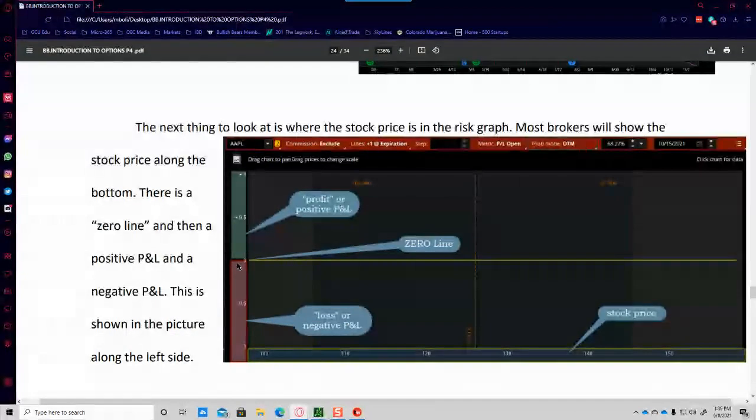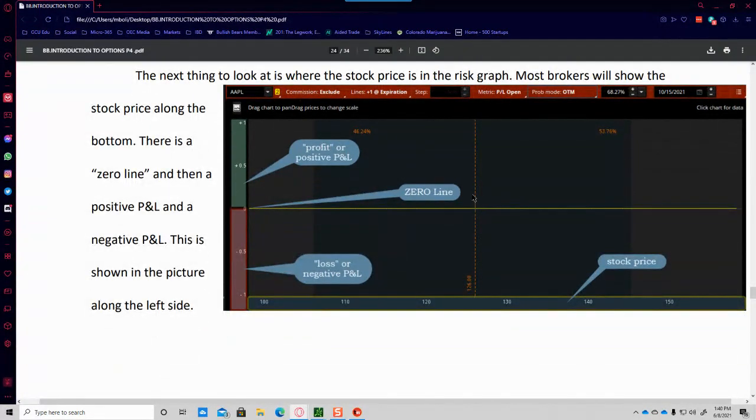So there's a zero line, profit, loss, and the stock price is along the bottom. Now, if you look on Thinkorswim, there is an orange dotted line, and inside of that, right at the zero line, is a little dash that shows current price. I took this picture over the weekend, and Apple closed right at a 126 flat. And so that was the current price of Apple when I took this picture.